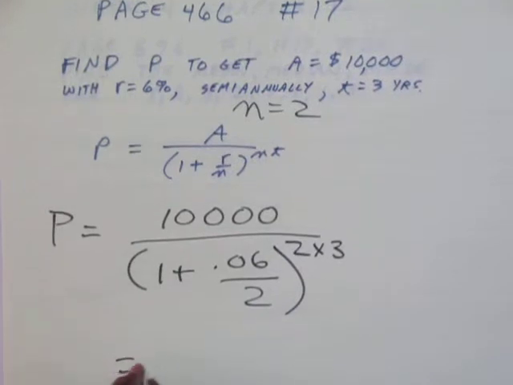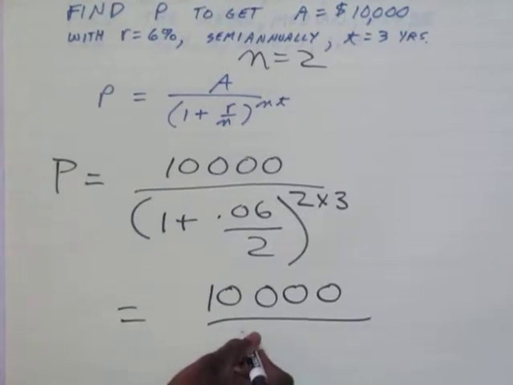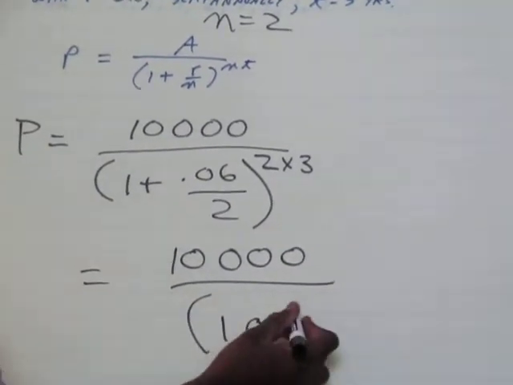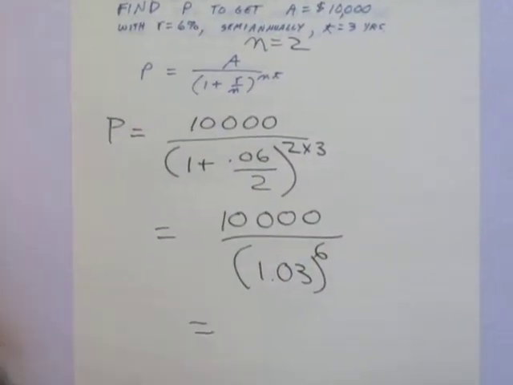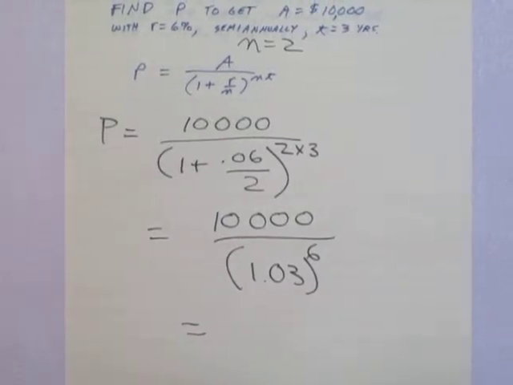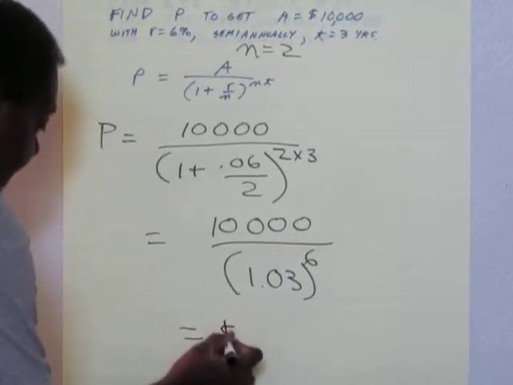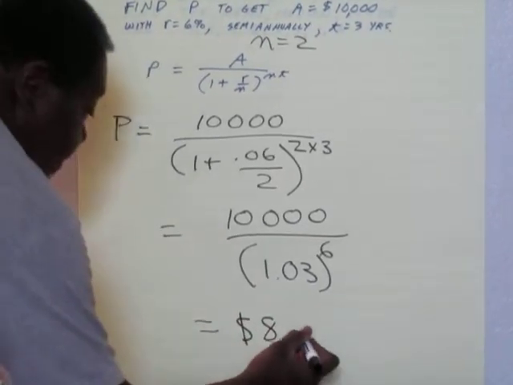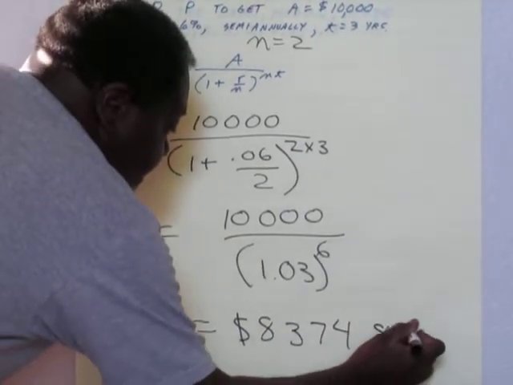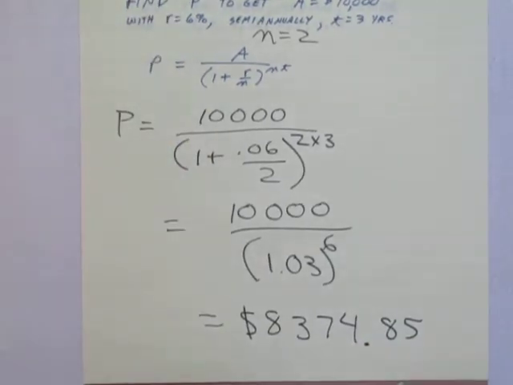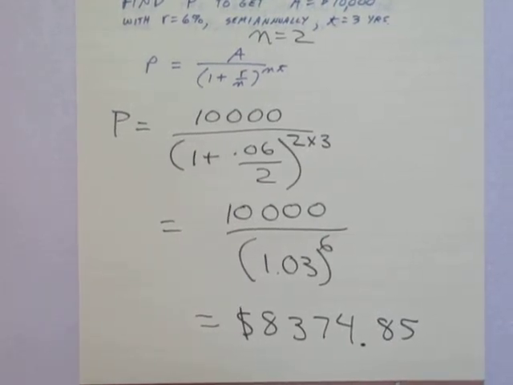Simplifying a little bit, this becomes 10,000 over 1.03 to the 6th power. Now, you can do that all on your calculator. Final result here, $8,374.85. That is the amount that should be invested today to accumulate $10,000 in the 3-year period.